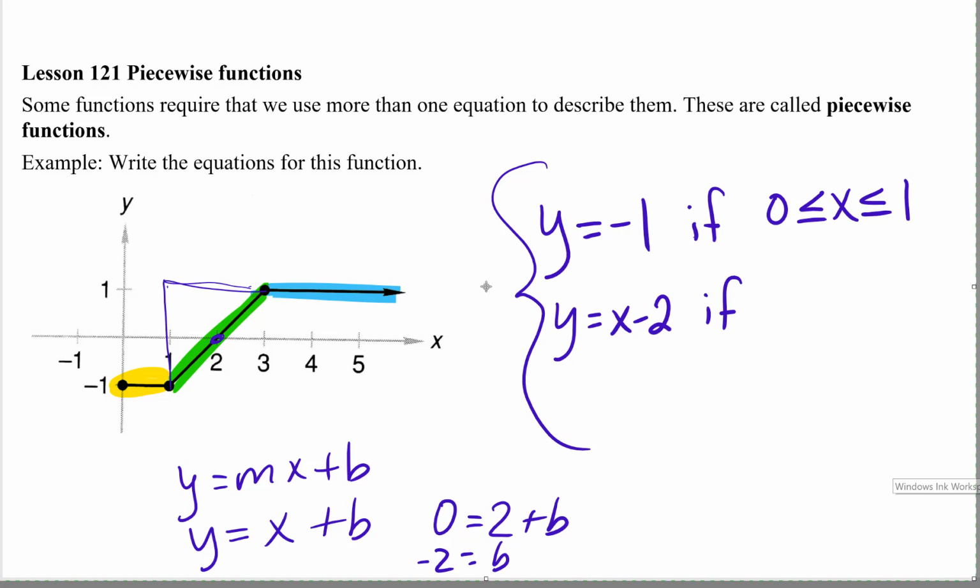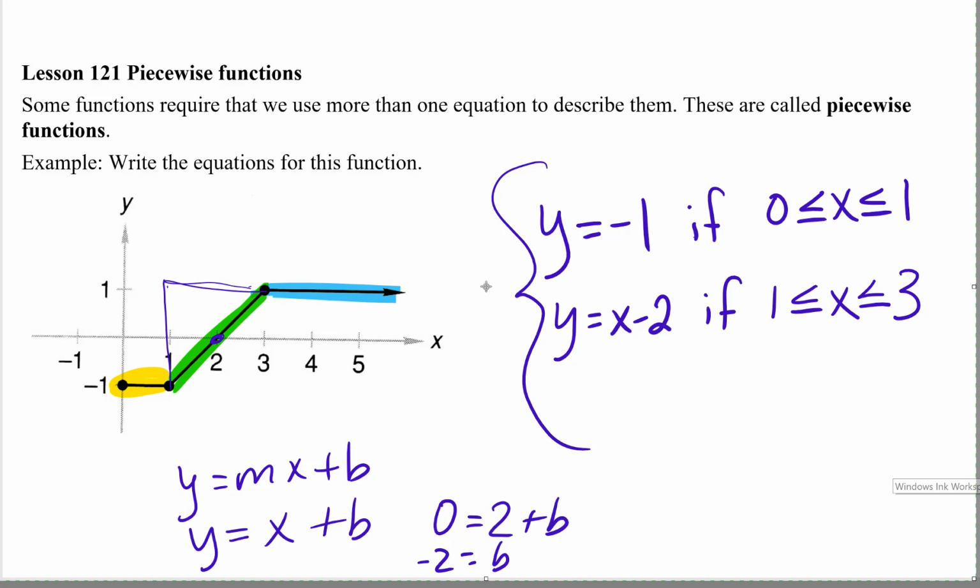And that's going on as x goes from 1 up to 3. So that's if x is greater than or equal to 1 and less than or equal to 3.